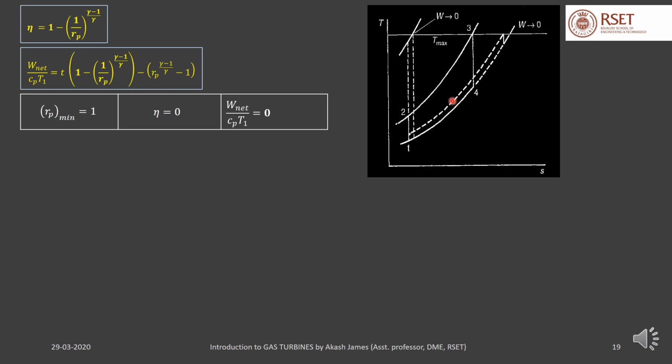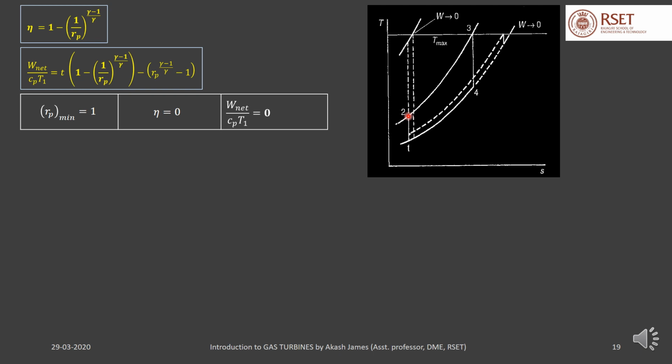We have also studied that the net heat transfer must be equal to the net work transfer in a cycle. That is, the area enclosed by the cycle in a TS diagram also represents the net work output. Now let's see how the variation in pressure ratio affects the net area and so the net work output. When the pressure ratio is reduced, the temperature after compression is reduced.